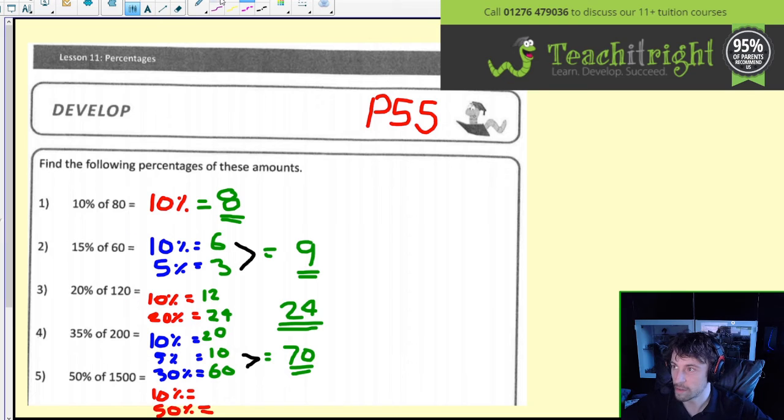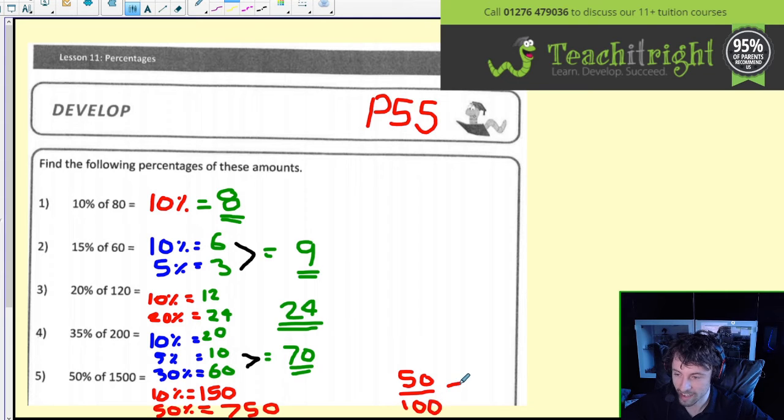Finally then, for number 5, obviously 10% would be 150. And then you end up timesing it by 5, and 150 times 5 is 750. Or, I said you could do this one, and this is another one that might be worth learning, but again, if you can work out the fraction form, 50% is going to be the same as 50 over 100.